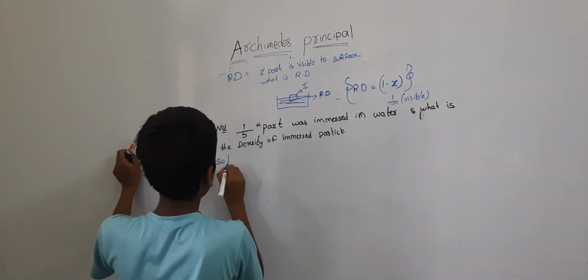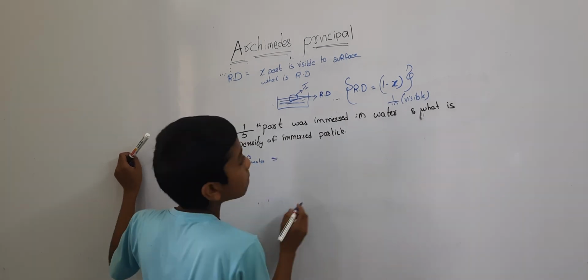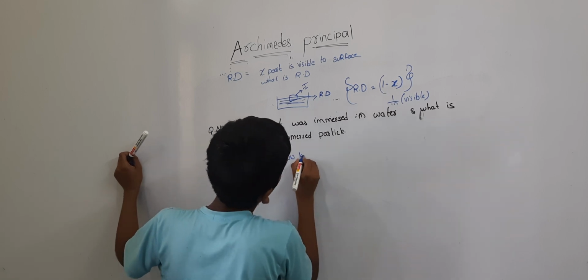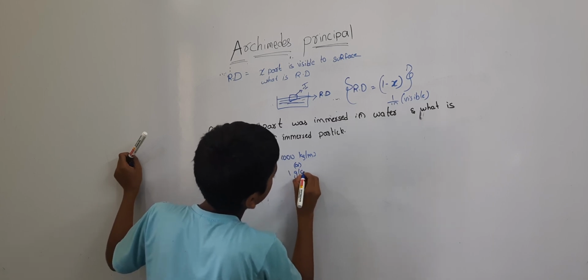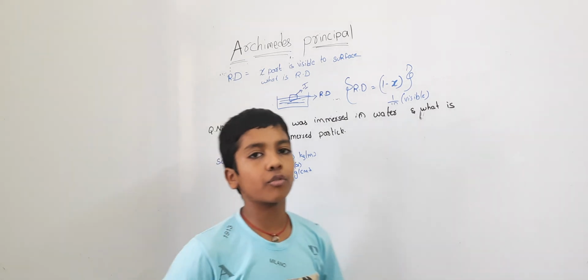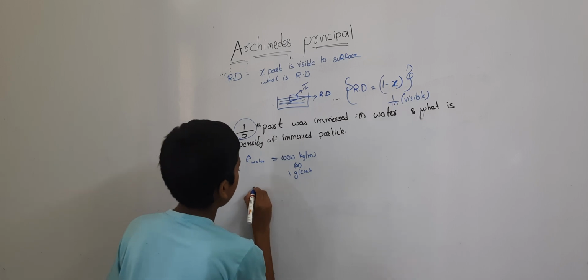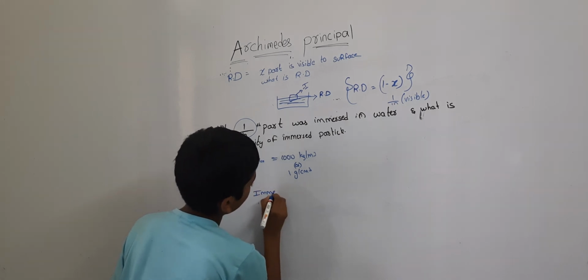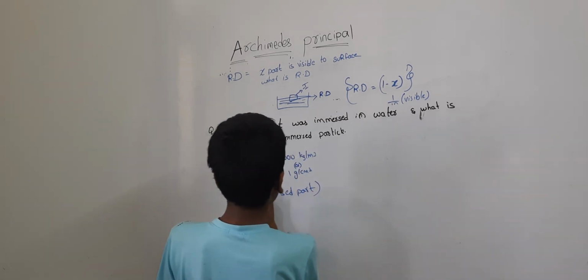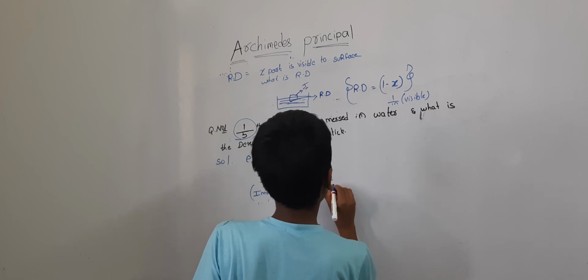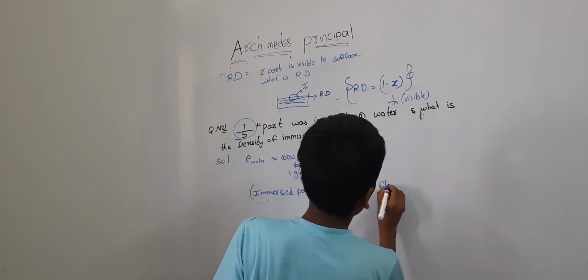Solution: density of water equal to 1000 kg per meter cube or 1 gram per centimeter cube. This is the constant density of water. And now you easily multiply the immersed part into density of fluid.